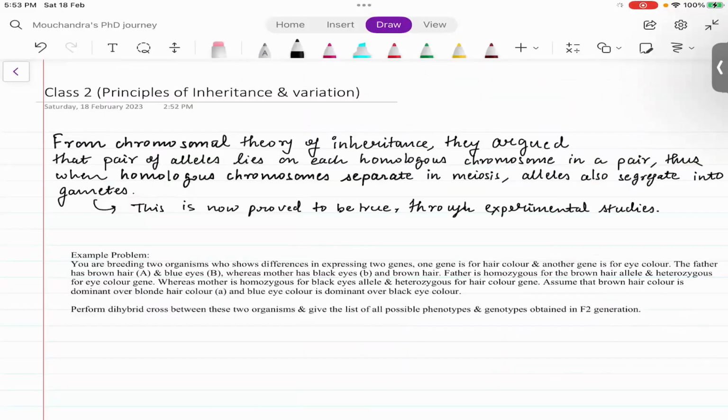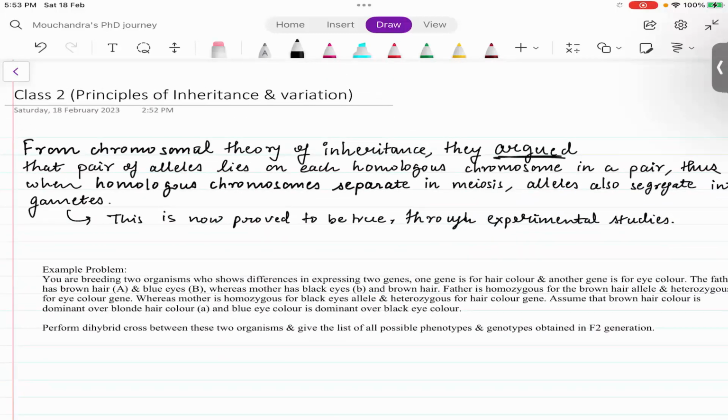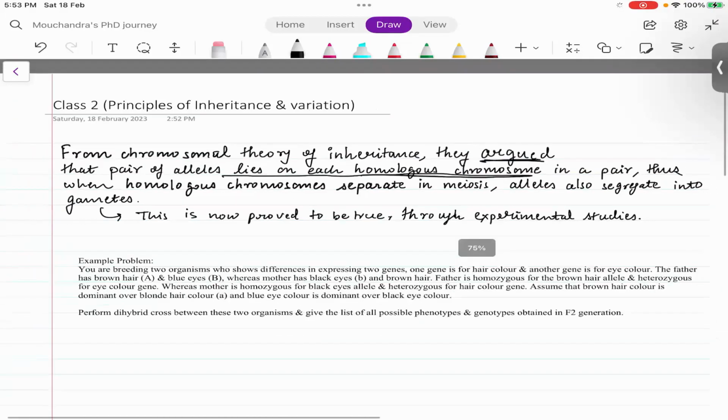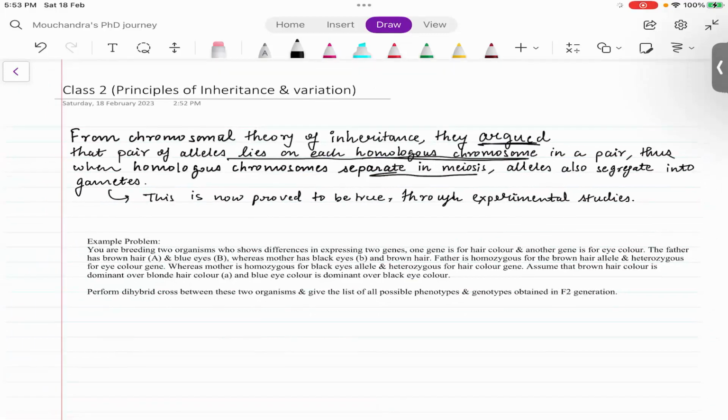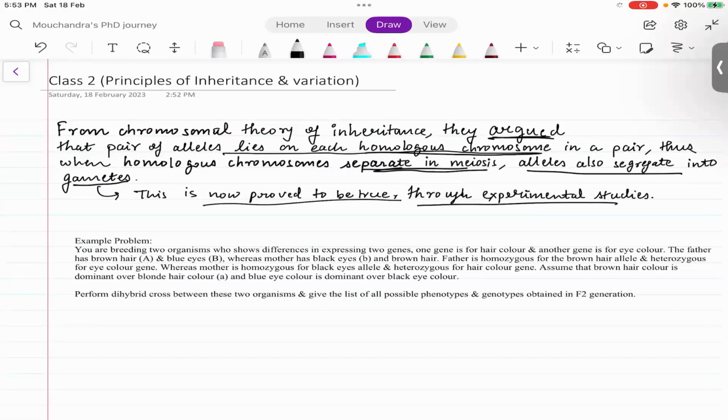Using this theory, they argued that the pair of alleles lies on each homologous chromosome, because of which, whenever chromosomes segregate during meiosis or mitosis, the alleles also get separated. Thus when homologous chromosomes separate in meiosis, alleles also segregate. That was their argument, and later scientists worked it out and proved, using experimental studies, that this is indeed true.